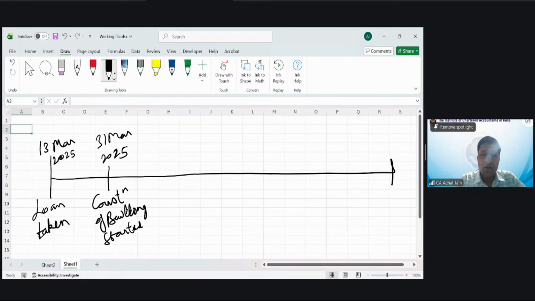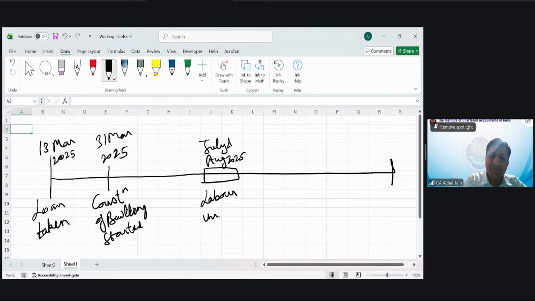Okay, and let's suppose during this period, for 2 months, say in July and August 2025, there was some labor unrest. There was strike and all, because of which the construction was held.